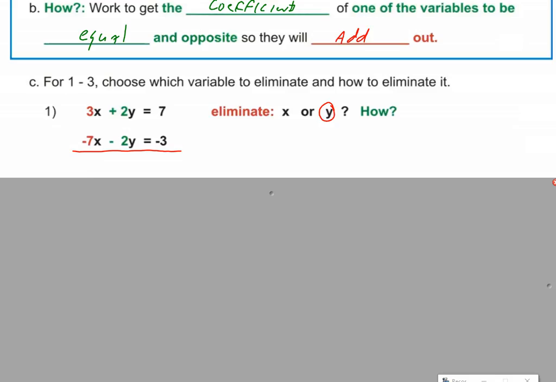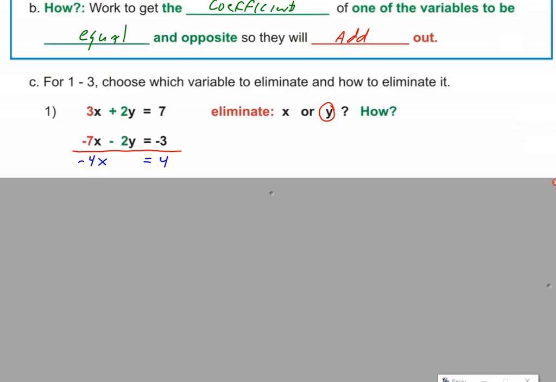And if you were given something like this, you would kind of say, great, this is awesome, because they're already ready to add up, right? You'd get a negative 4x, your y's are 0, and now you have the equation negative 4x equals 4. And guess what? x is going to equal negative 1. You've already got the x value.